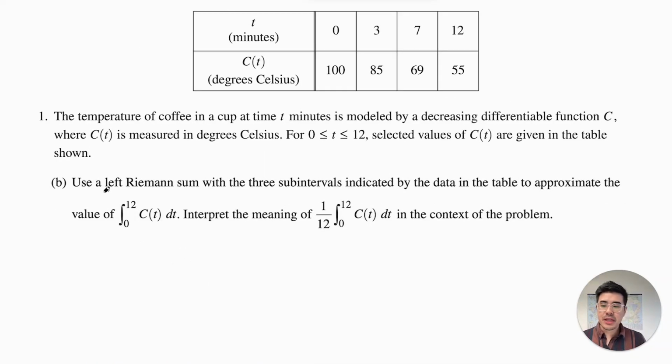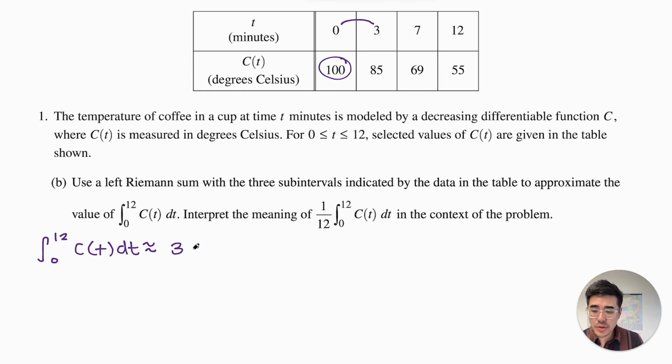So part B says use a left Riemann sum with the 3 subintervals indicated by the data in the table to approximate the value of the integral from 0 to 12 of C of t dt. To show my work, I'm going to rewrite the integral symbol, and since it's an approximation, I'll do the squiggly lines. A left Riemann sum is the width of the t interval times the left y value.